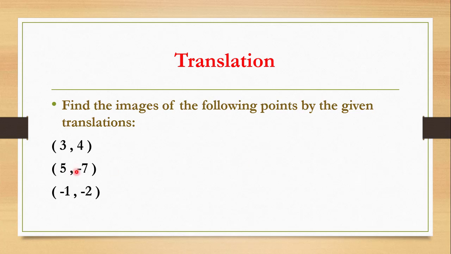For example, here we have 3 points: (3, 4), (5, -7), and (-1, -2). We want to find the image of each of the 3 points by a given translation. The first one, (3, 4), with a translation of x and y minus 9. We said before the first coordinate is x, the second one is y. So x, 3, will stay, and for 4, this is y, we will add -9.